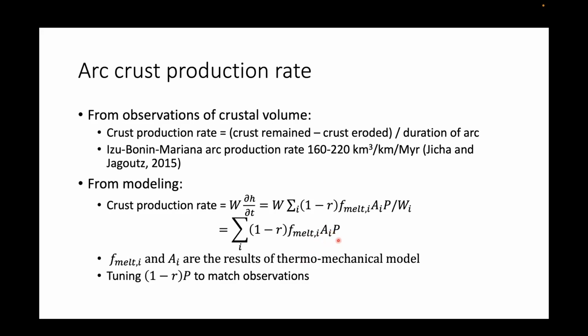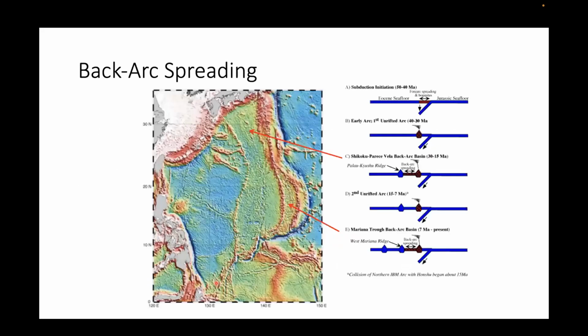But the other parameters, the R and the P, and especially the multiplication of 1 minus R times P, are free parameters so that we can tune them to match the observed amount of the crust.